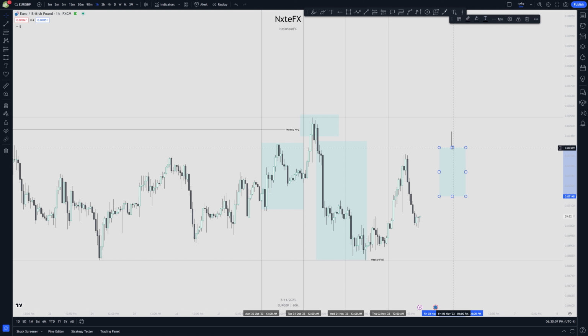So it pushes higher, taps into the higher time frame fair value gap, and after it taps into it, we get the immediate reaction. Then the reaction is bearish. So now this candlestick, instead of being bullish, is retracing, and then it will create your low.